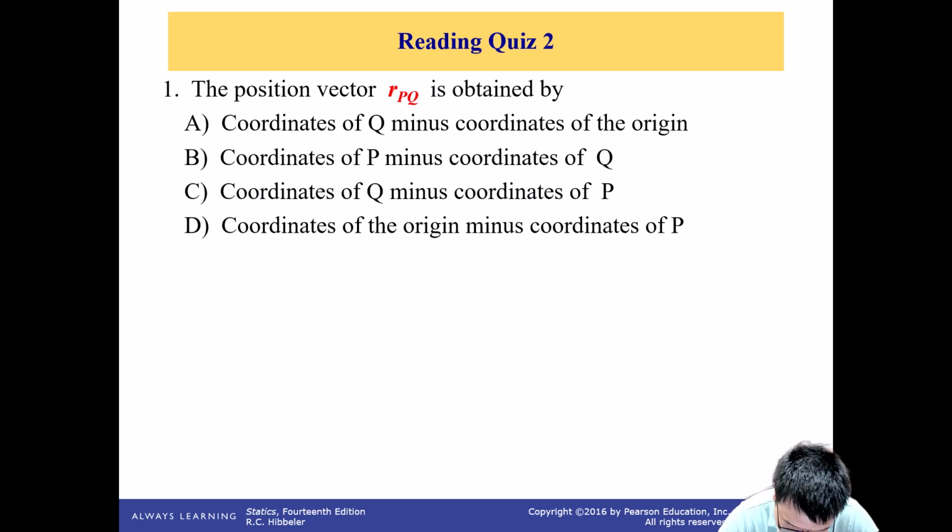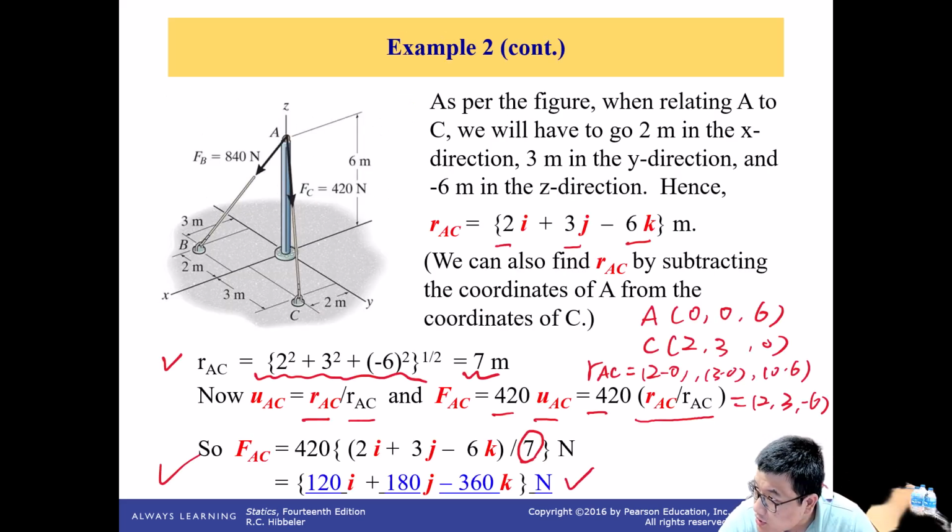First quiz: how should we calculate the position vector RPQ? If we go back to the example, how did we calculate RAC?